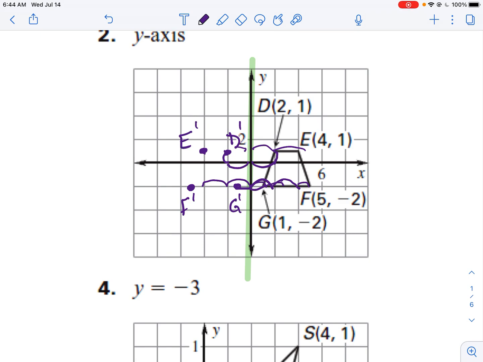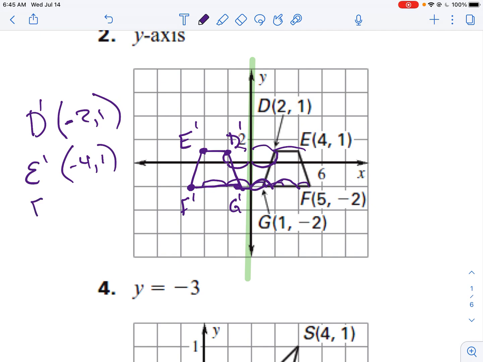And that is E prime. So D prime would be -2, 1. E prime would be -4, 1. F prime, -5, -2. And G prime would be -1, -2.